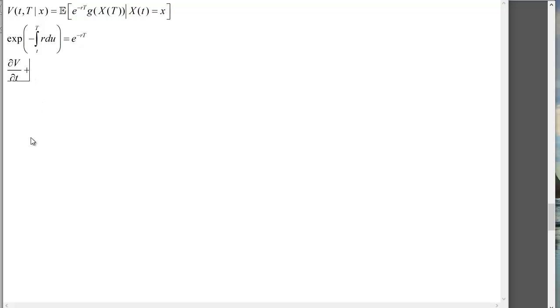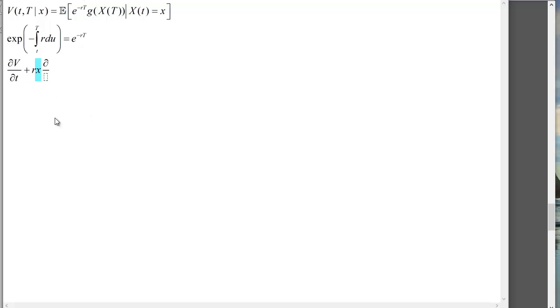So we have r times x. I like to use small letters in the PDEs. I don't know why, but I just simply like it more.